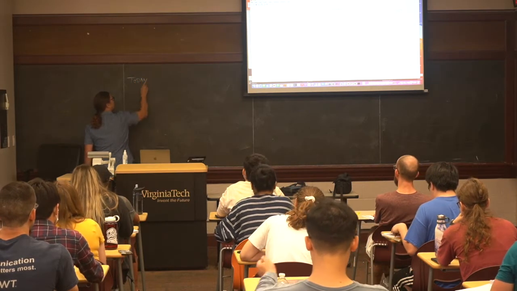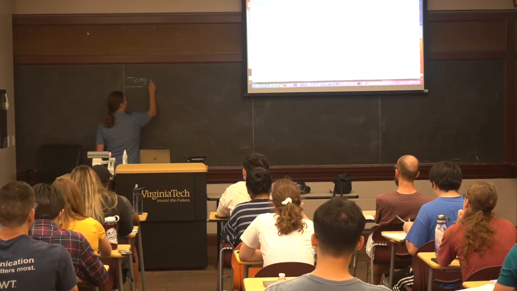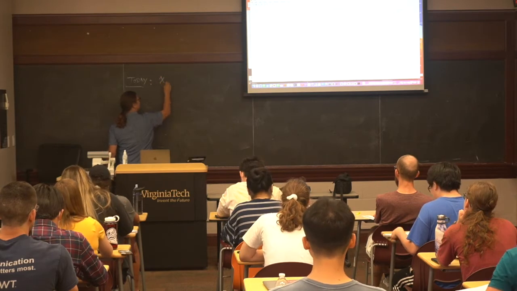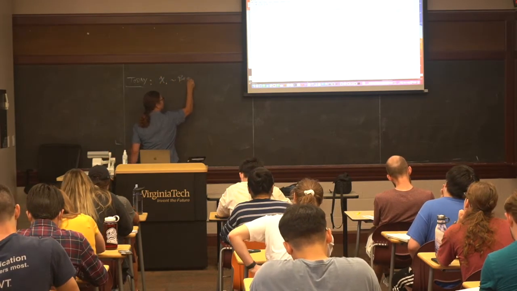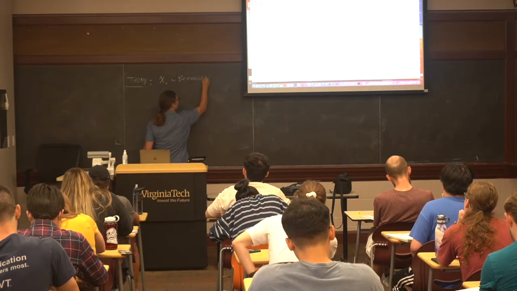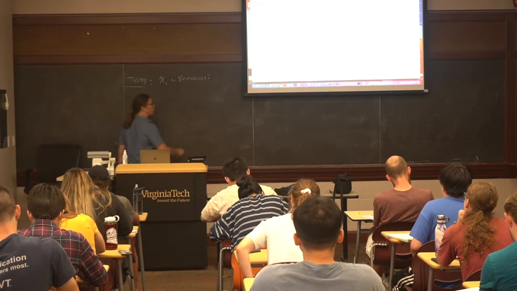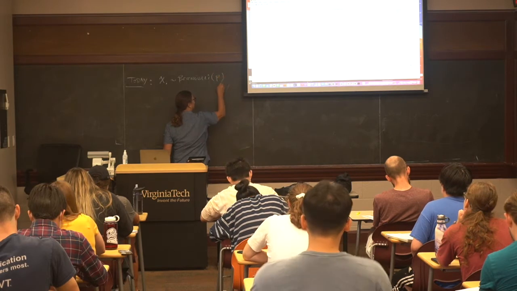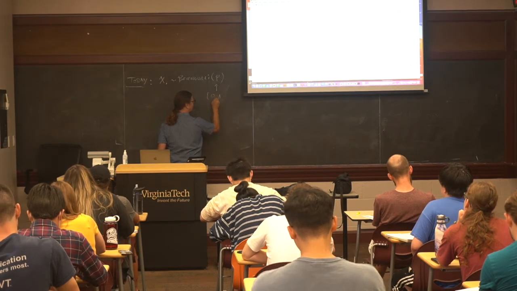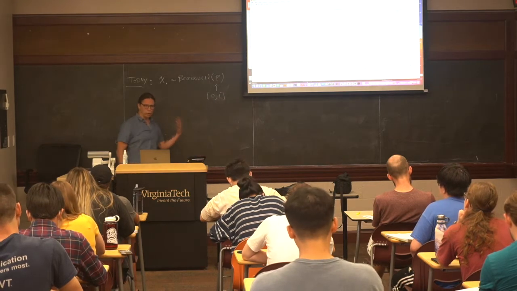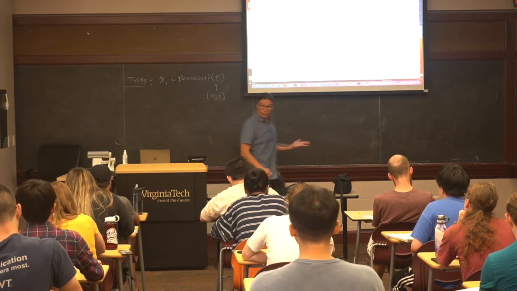what the problem is. So our problem is x_i's are coming from a Bernoulli with parameter p. And that parameter lives between 0 and 1. You could make it include 0 and 1 if you wanted to.